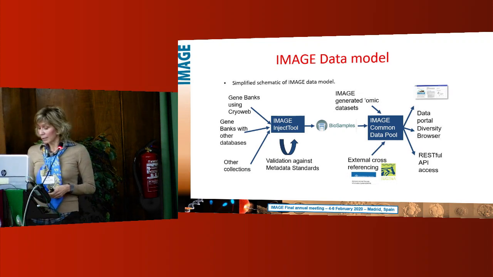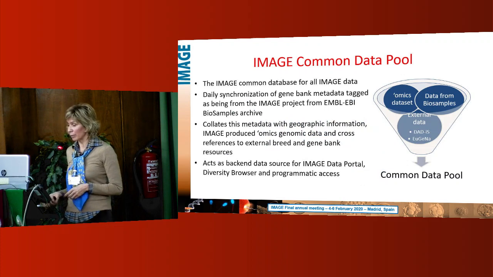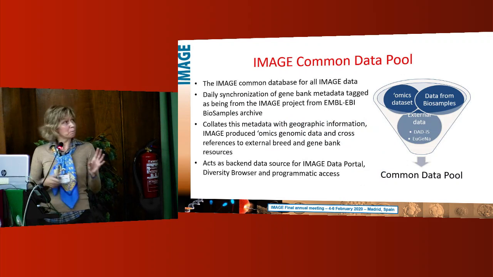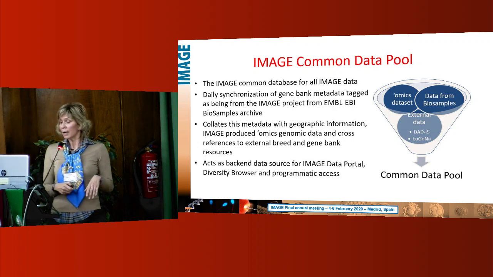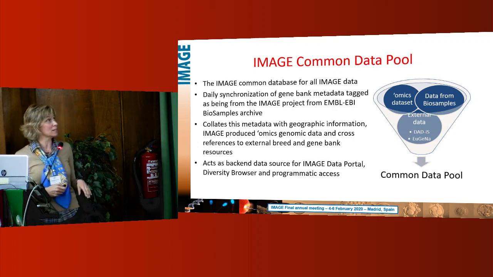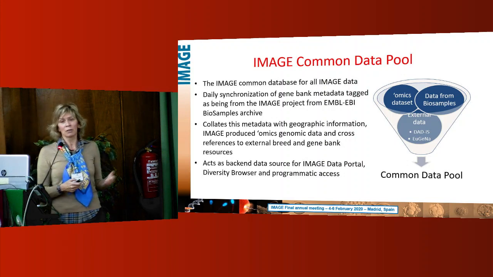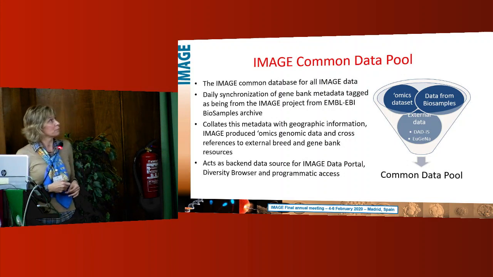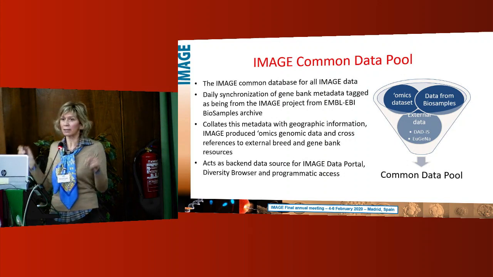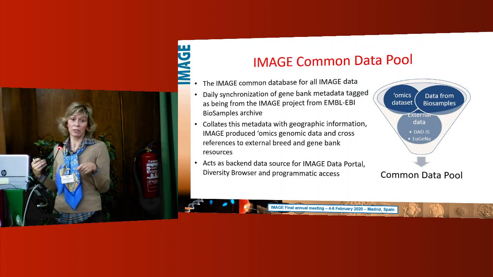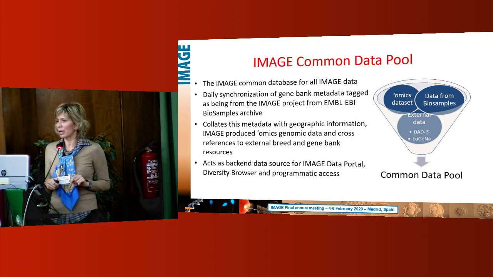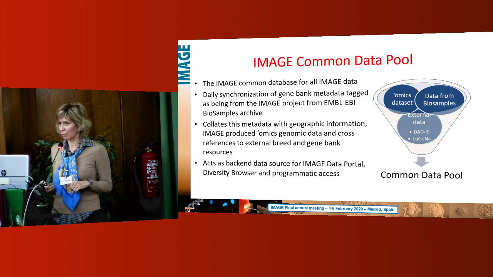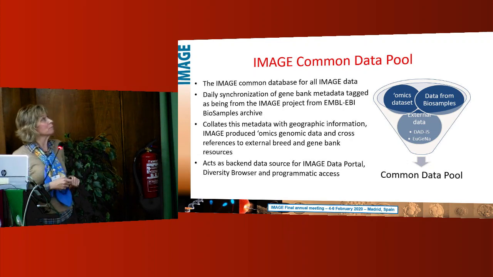So the construction of the common data pool, as we have defined it, is bringing together all the information in one pool. How does it work? It performs the daily synchronization of gene bank metadata that were tagged as being from the IMAGE project. During the process of inserting data into biosample, a tag is added to samples that are relevant to the IMAGE project so that we can bring it back.